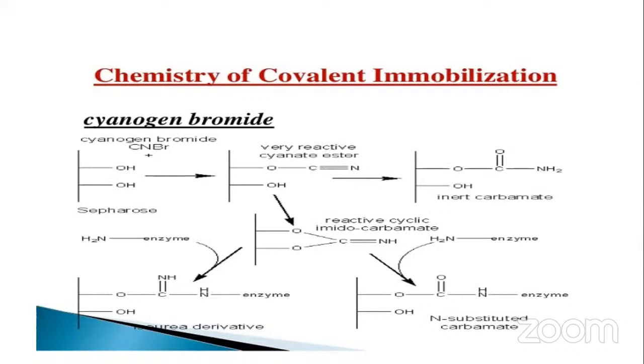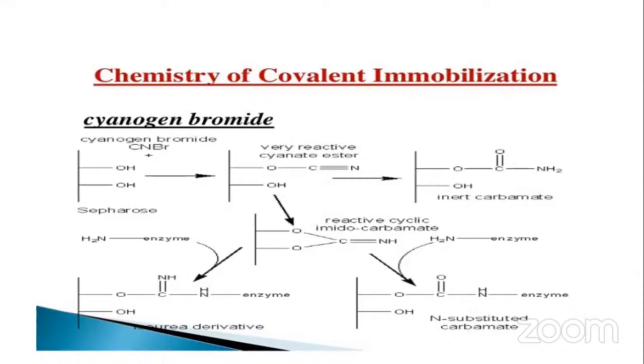To this, if you add the solution of the enzyme or any protein, anything that has an amino group, that will get covalently linked to this resin, and that is what is shown here as N-substituted carbamate. That is the kind of chemical coupling that you can do.